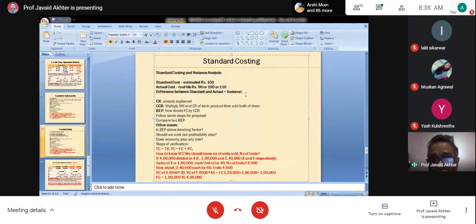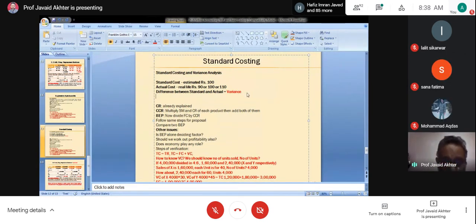You got the meaning of variance? If the standard cost differs from the actual cost, the figure that you get is known as variance. Is the meaning of variance clear? Yes, sir. Okay.